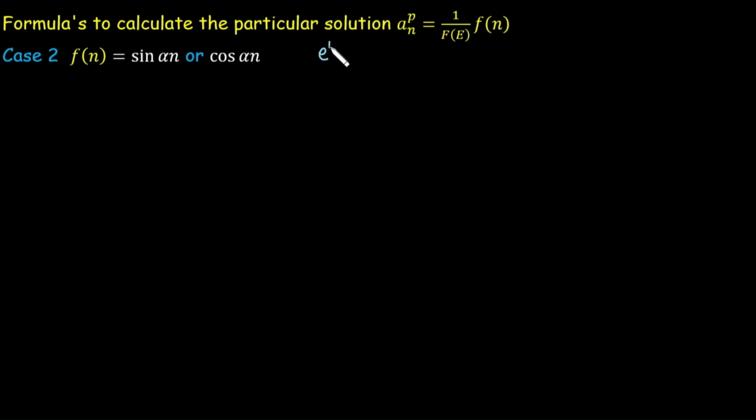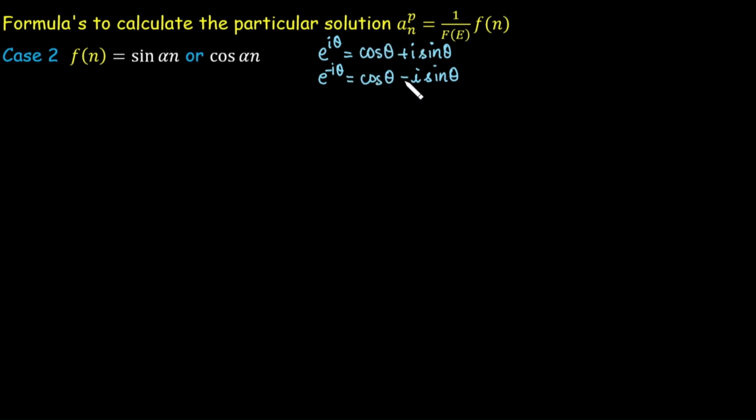We know that e raised to power iota theta is equal to cos of theta plus iota sine of theta, and the value of e raised to power minus iota theta is equal to cos theta minus iota sine theta. Now when you add these two equations, we will get the value of cos theta, and when you subtract these two equations, we can find the value of sine theta. Let's find the value of cos theta from here.